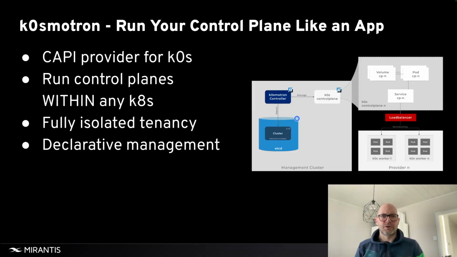And then Cosmotron. Cosmotron actually came out of the controller worker separation in a way. Because we have had that capability from day one with k0s, we basically started to think, do we actually always need virtual machines or machines in general to run the controllers?